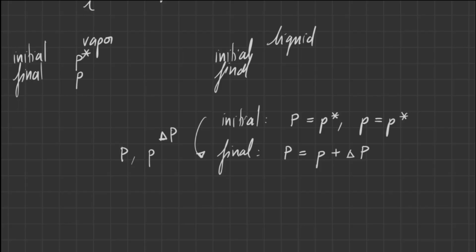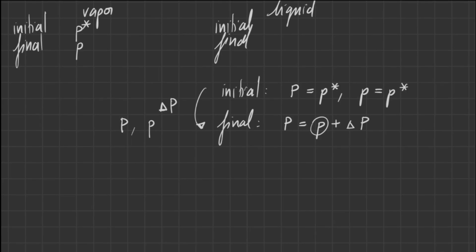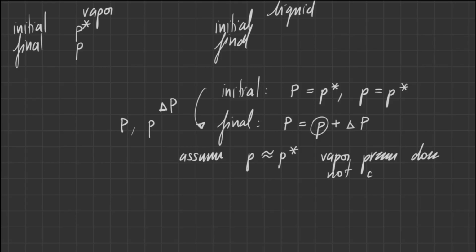In reality, it's hard to find this P value. Usually what you want to do is assume that p is equal to P star. This is based on the assumption that the vapor pressure does not change much due to the applied pressure, or the change in pressure.